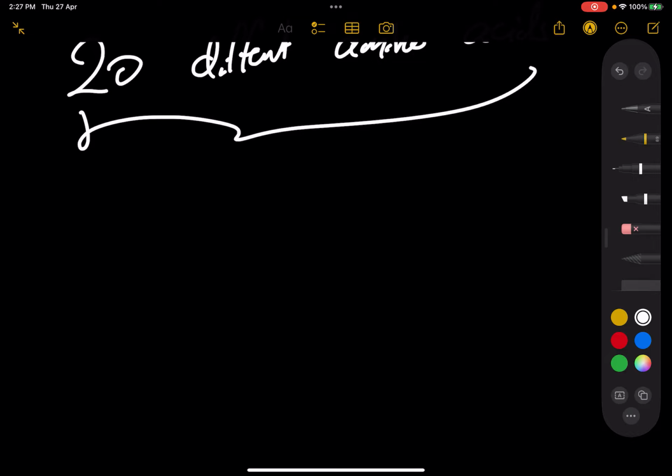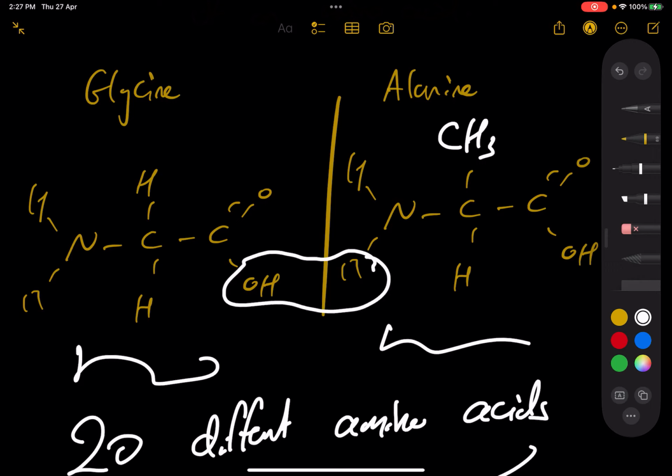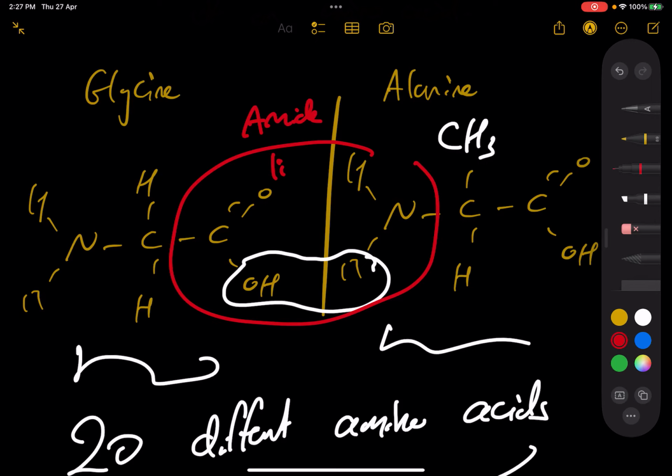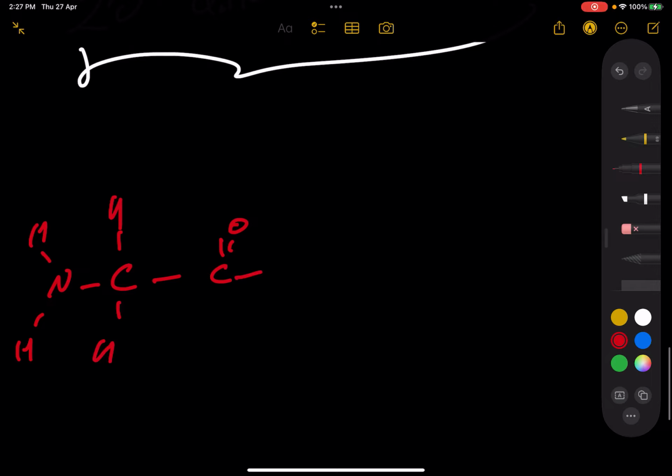Like nylon, which we said has an amide link, can we combine glycine with alanine? What will happen? These two will join, and we will create an amide link. So let's draw it. We have glycine, and here's another, NHCH3COOH.